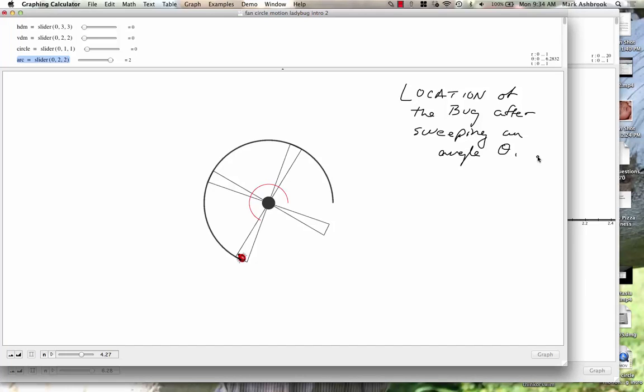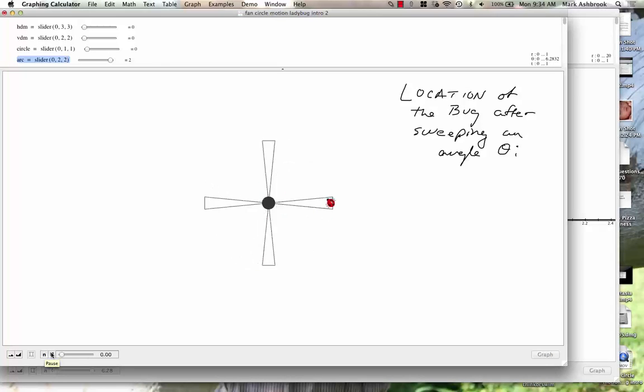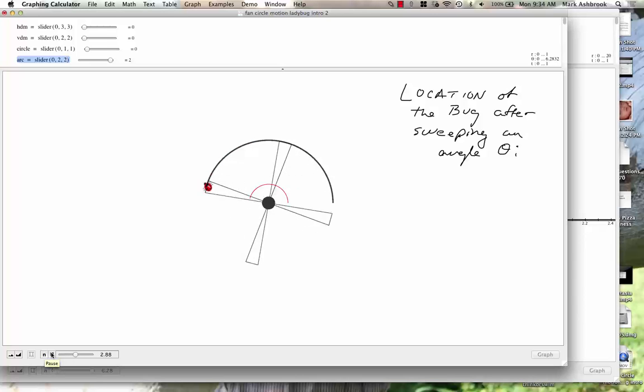Okay, so the location of the bug after sweeping an angle, theta. Given the number of feet, we can say how many radians it's gone, but that's not the most convenient thing in terms of pinpointing where the bug is after a certain angle measure.